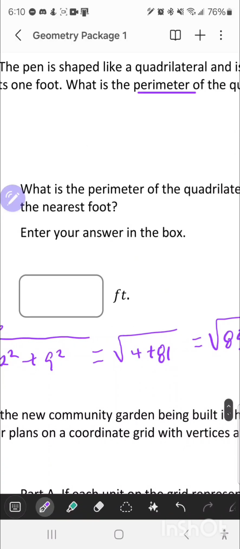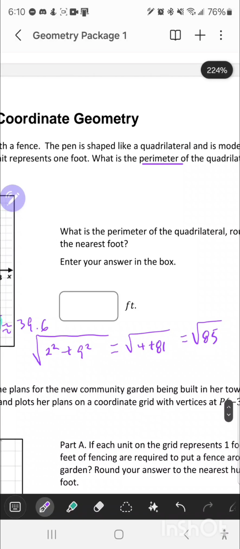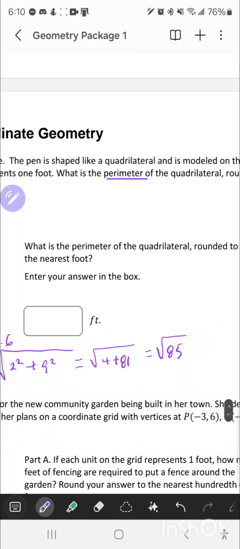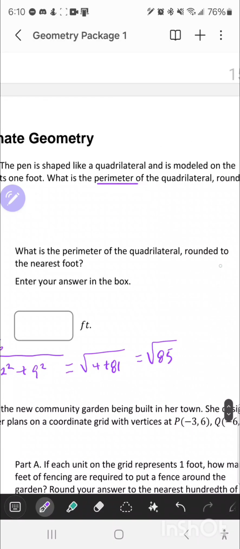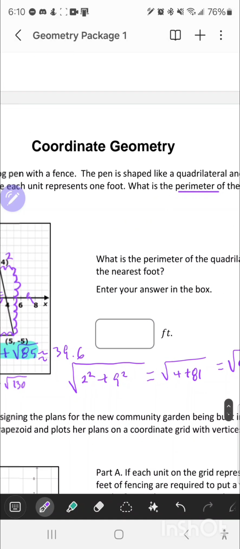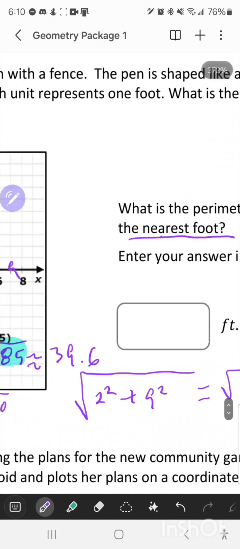Now, this is the important part, because if you only put 39.6, that's wrong. That's not the correct answer. Why? Because it said to the nearest foot, so it cannot have a decimal. If you're talking about the nearest foot, it cannot be any number point something. It just needs to be a whole number.